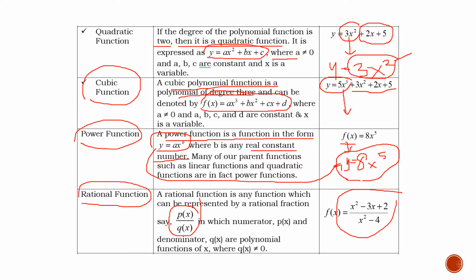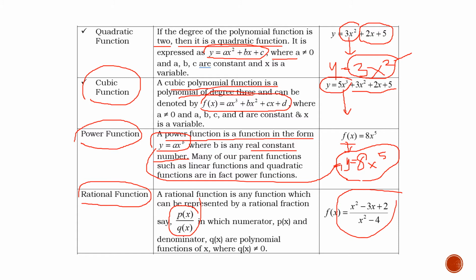But again, you really need to make sure we satisfy our second condition, wherein your q of x is not equal to 0. Because if your denominator in a given fraction is equal to 0, then your fraction is undefined.